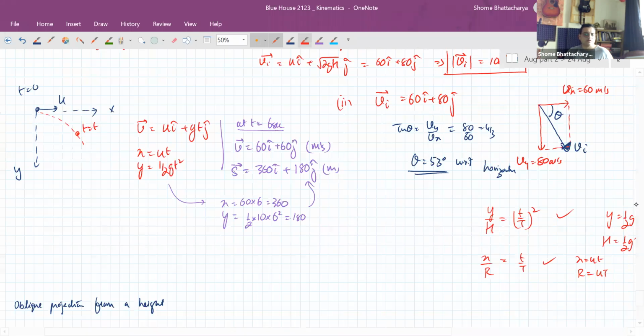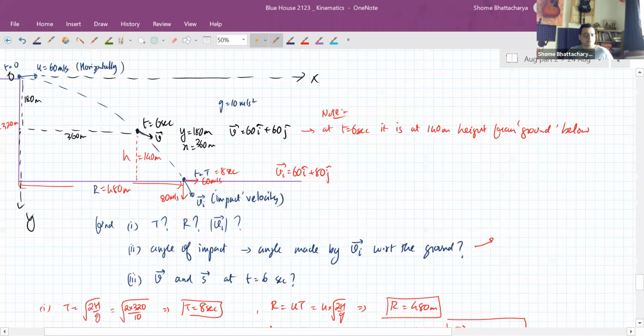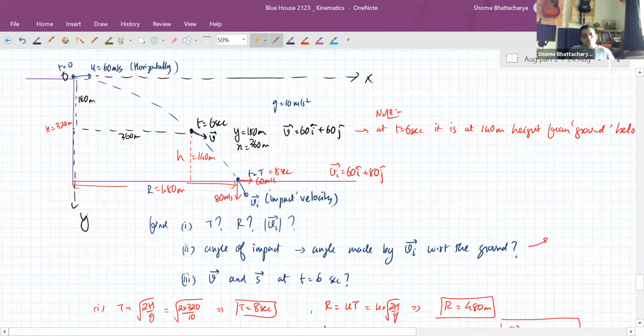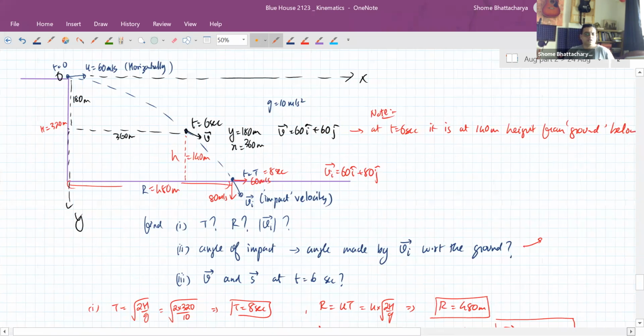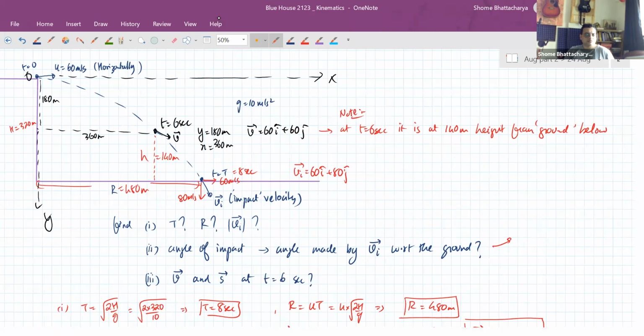Main diagram. Okay. Yes. This is clear now.